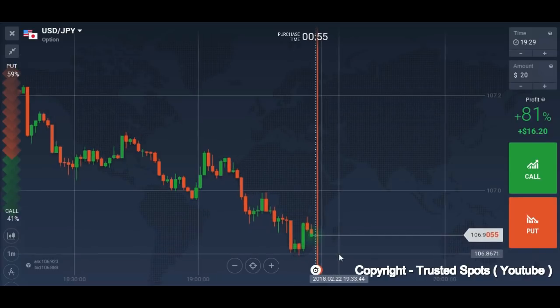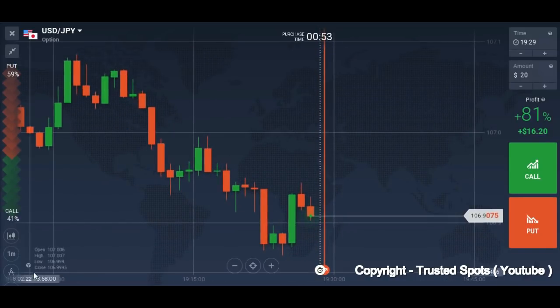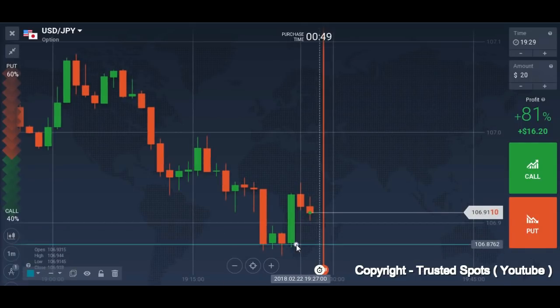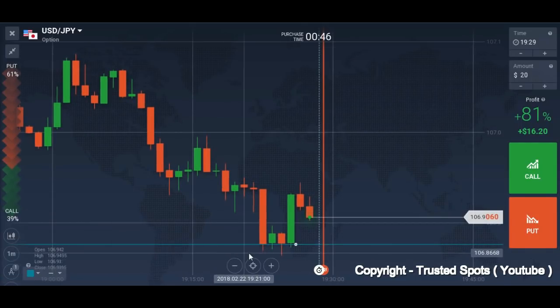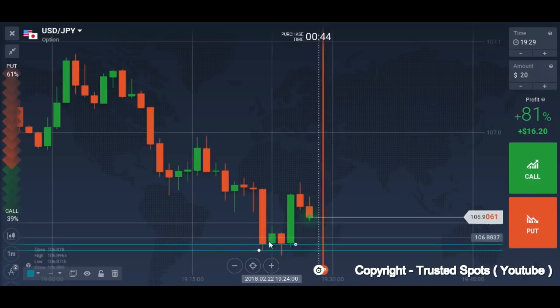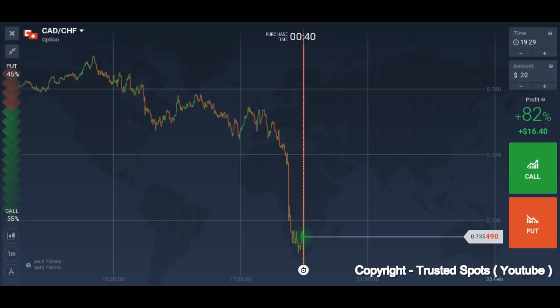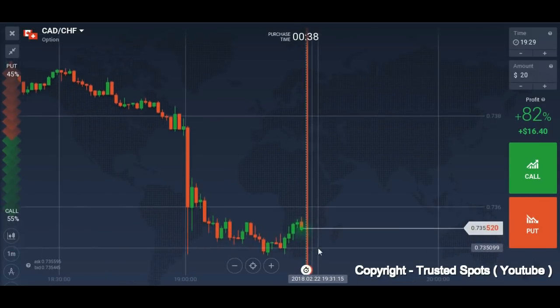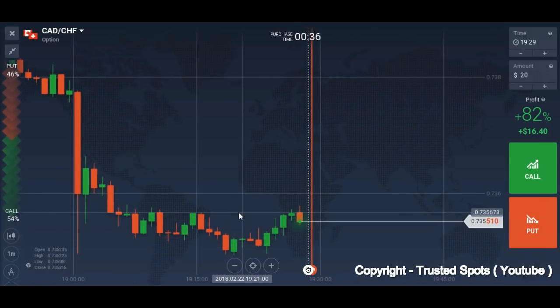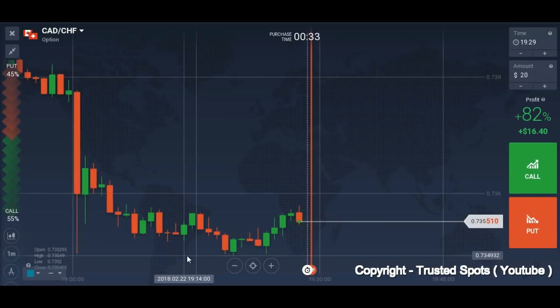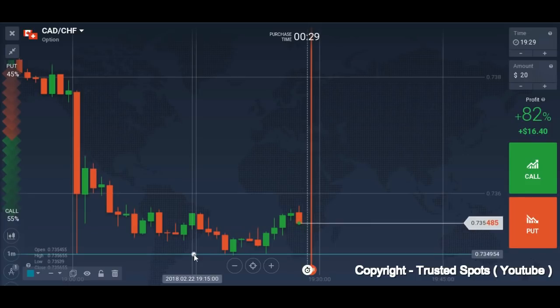It has a good trend. So we have our level of support. We will wait for a breakout here as the trend is a downtrend, and here also we have got a good support level.